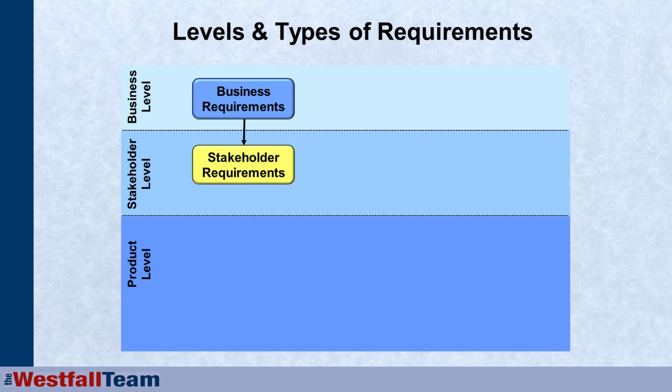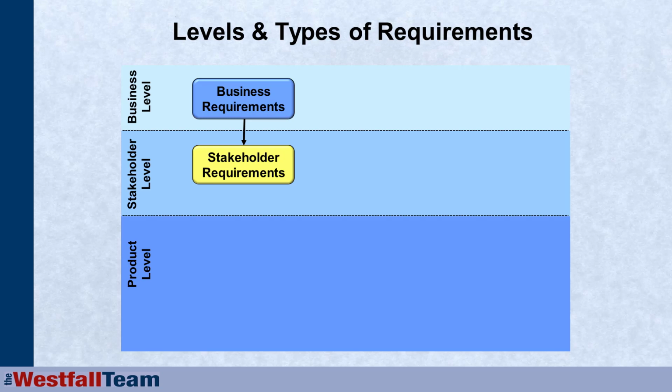So a business level requirement there might be something along the lines of the customer can pay for their gas out at the pump without having to come in and interact with the attendant. Now it's very high level, very broad. In Agile you'd probably call that a mega epic, but it's a high level business requirement.